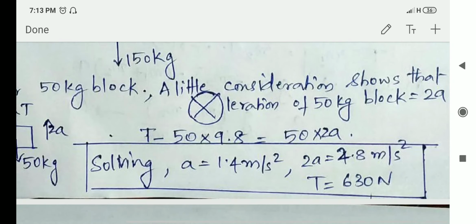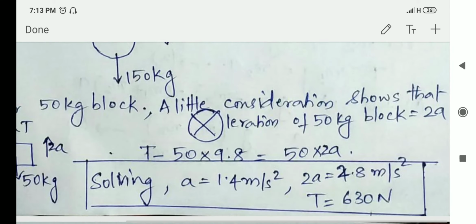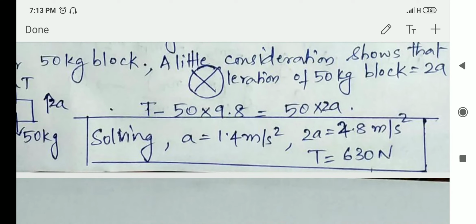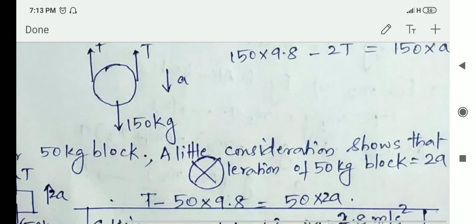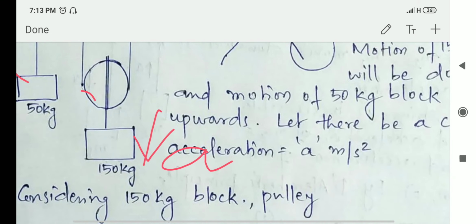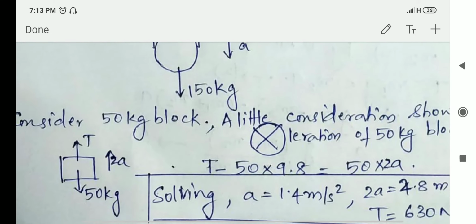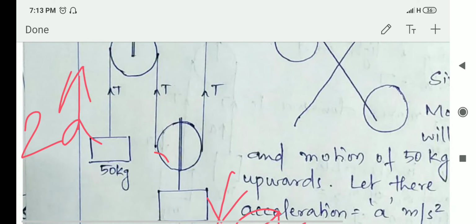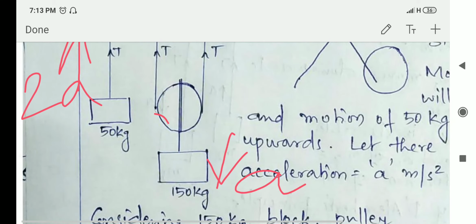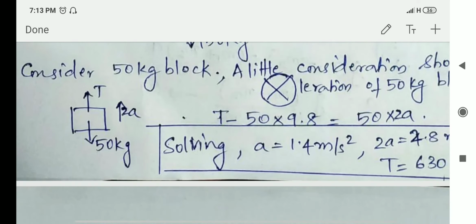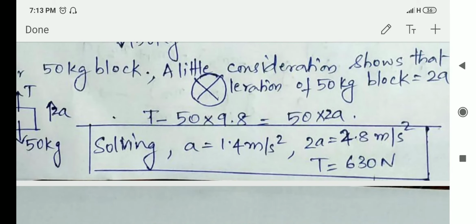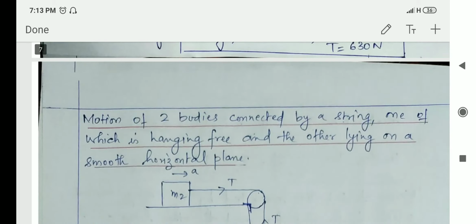In equation number 1 and 2 there are 2 unknowns, T and small letter a. Solving we get small letter a equal to 1.4 meter per second square, T equal to 630 newtons. So the acceleration of the 150 kilogram block is 1.4, the acceleration of the 50 kilogram block is double of that, that is 2.8, and tension equal to 630 newton. Okay, so hope that is clear.